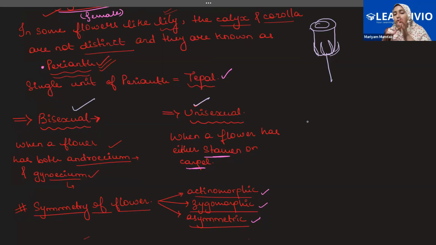When the flower only has the male reproductive part or only the female reproductive part, we call it a unisexual flower. Is it clear?